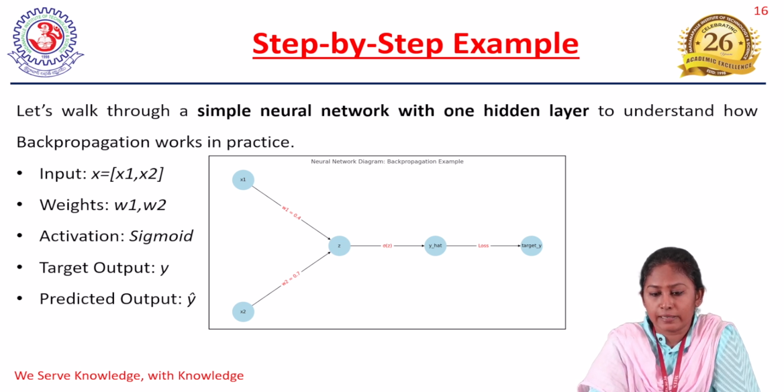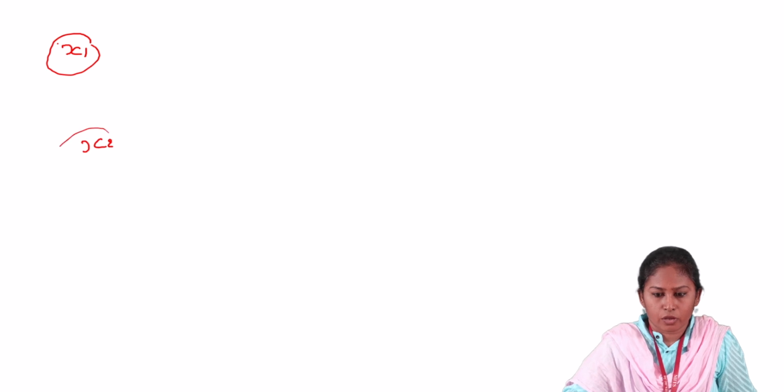For this example, I'm considering a very simple case where only one hidden layer is available, a very simple example to update the weights. So let us go to our example. Let us consider the input layer x1, x2.